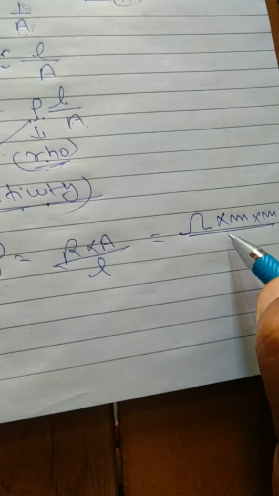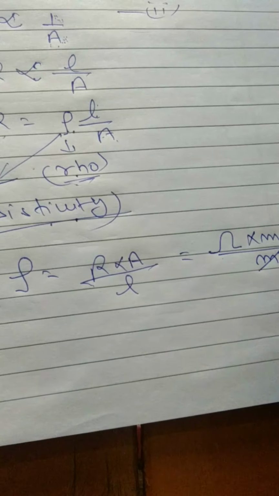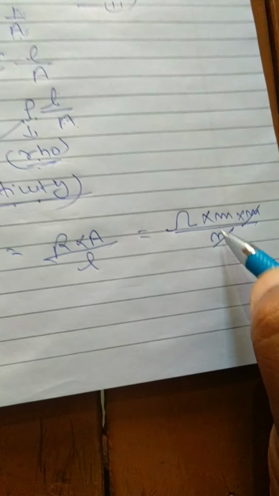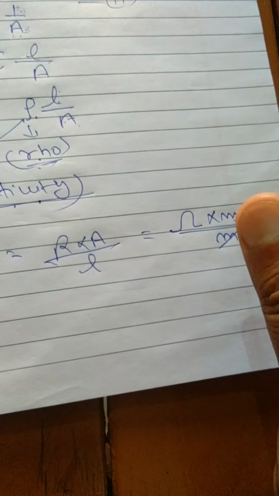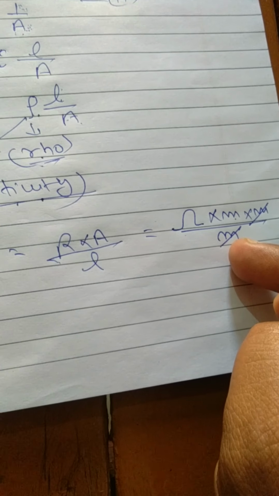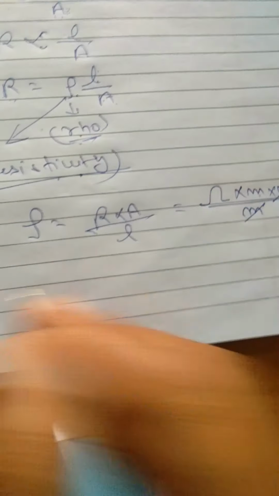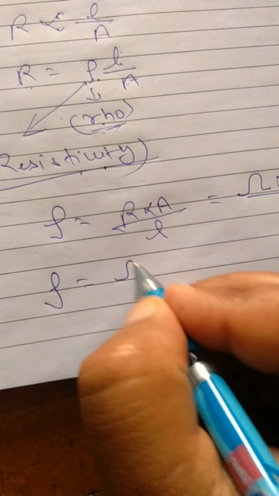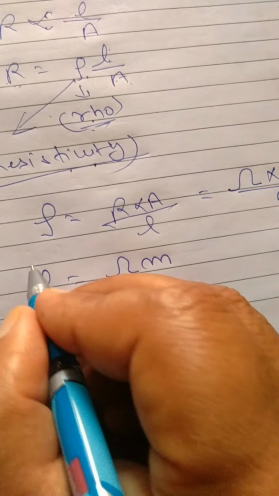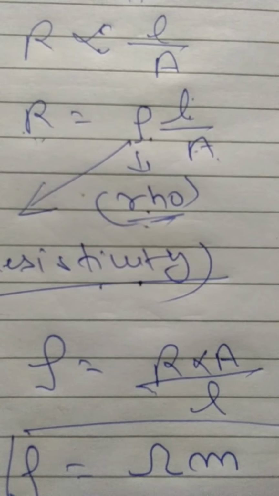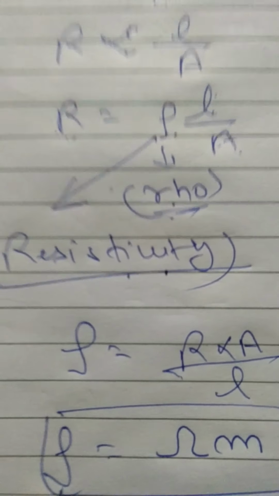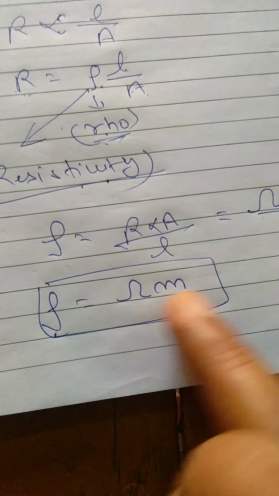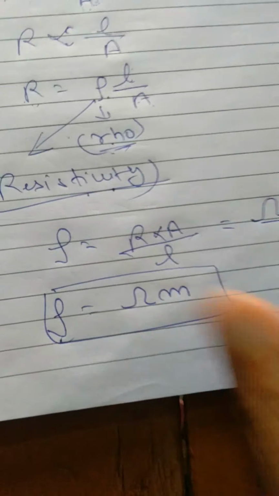And SI unit of length is meter. This is cut down. Here only length is used. Meter cancels. So what is the SI unit of resistivity? Ohm meter. SI unit of resistivity is ohm meter. Okay beta, understand?